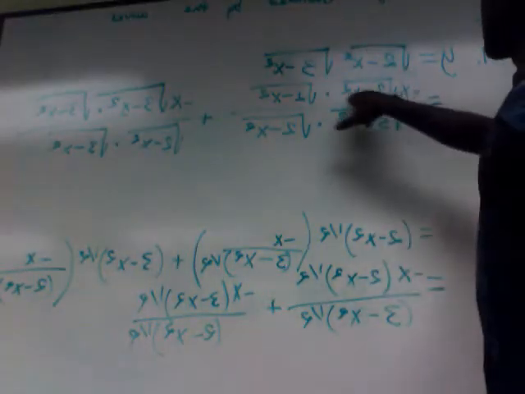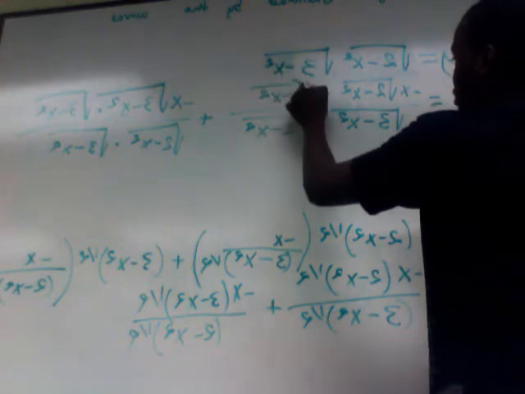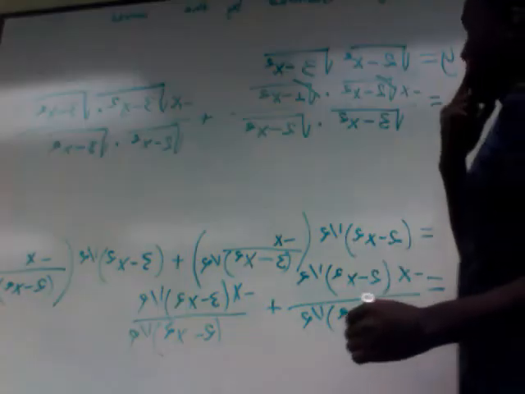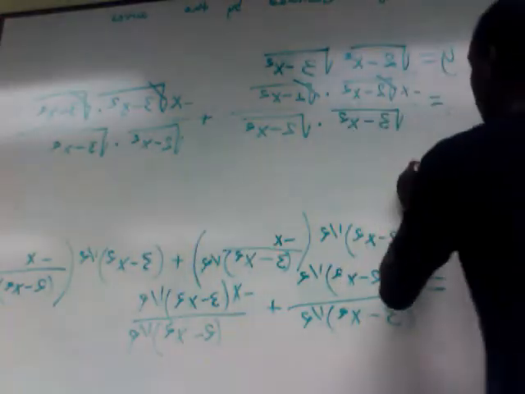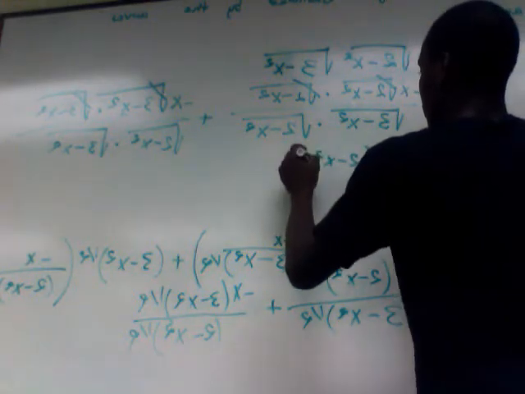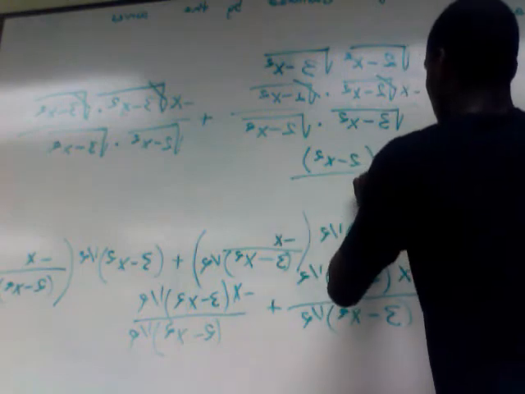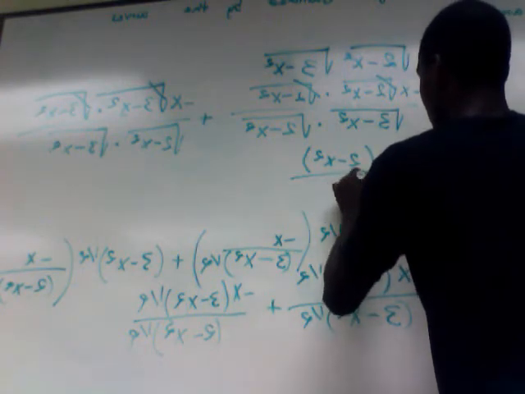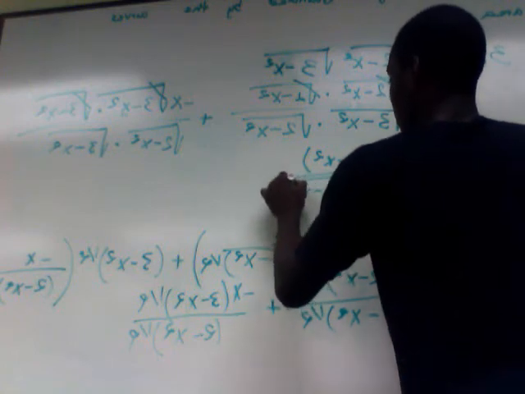Alright? So now, since these two are similar, the square root signs are going to cancel each other out, right? Same thing is going to happen right here, okay? So what you're left with is negative x times 2 minus x squared, right, over square root of 3 minus x squared square root of 2 minus x squared.